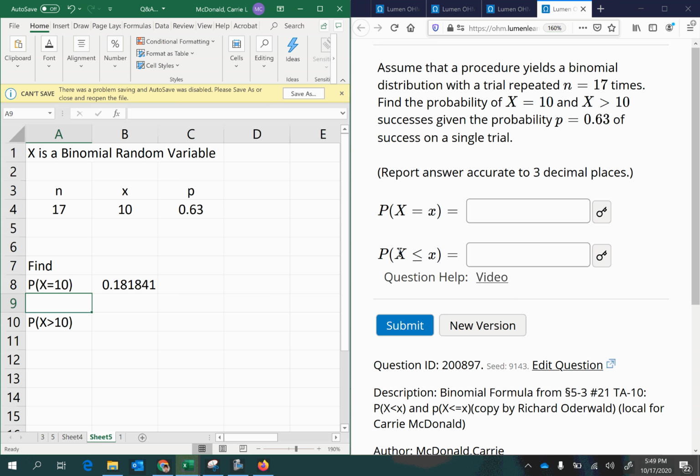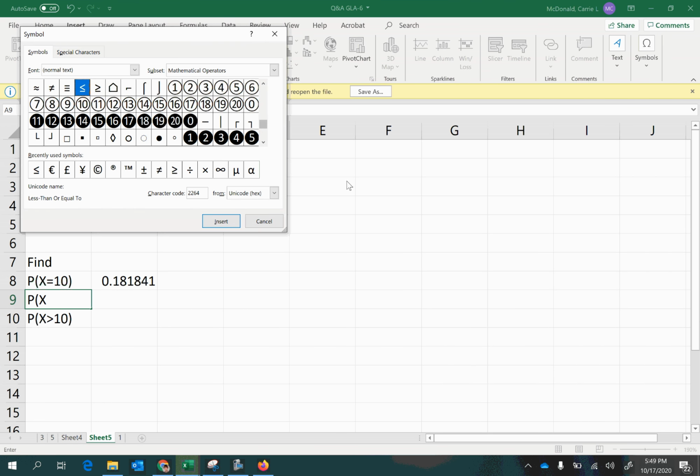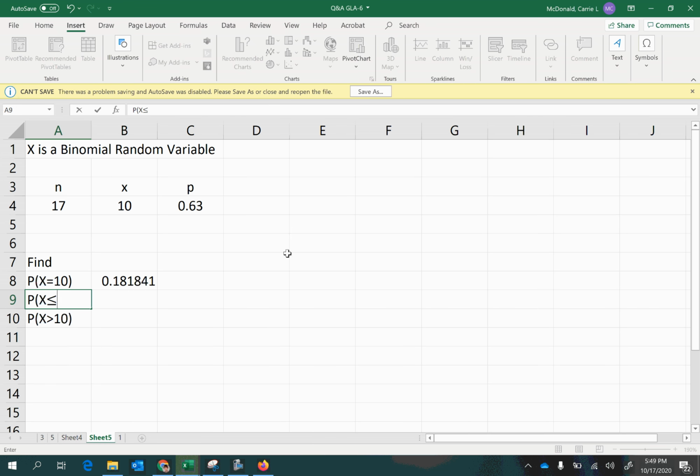But it's convenient that we see this here actually because you need to get that answer in order to get this answer. So we're going to add to this. We're going to say let's also find the probability that x is less than or equal to 10.